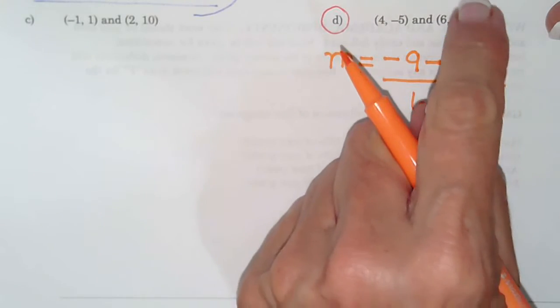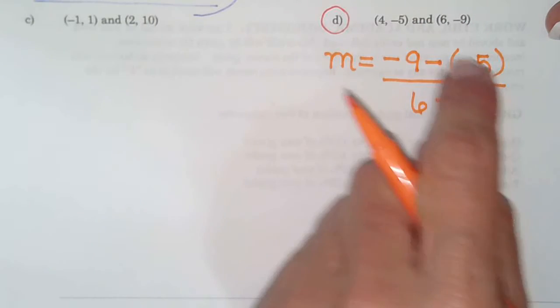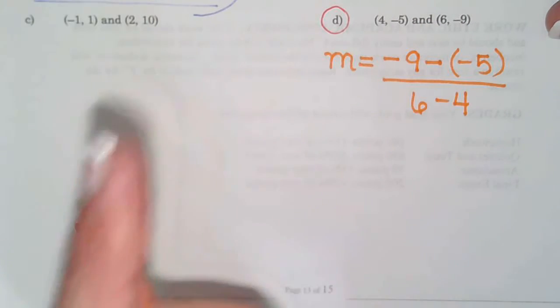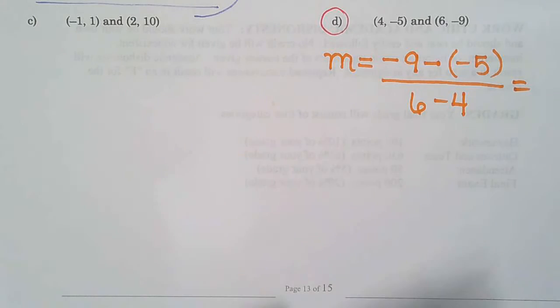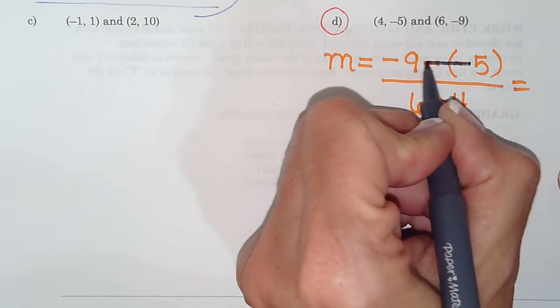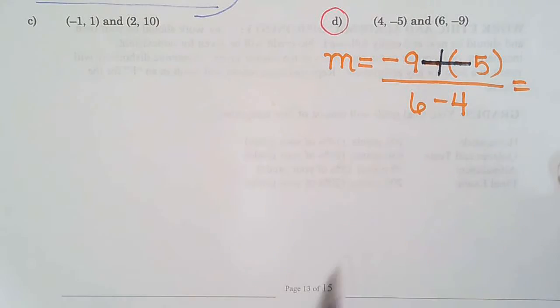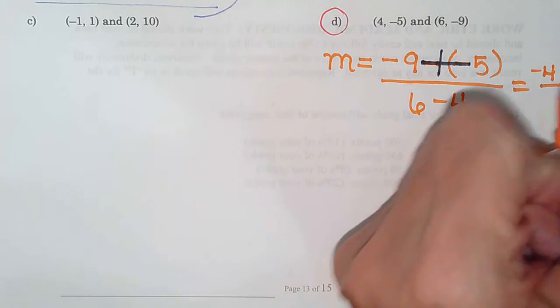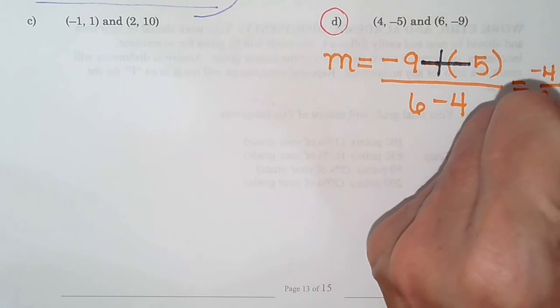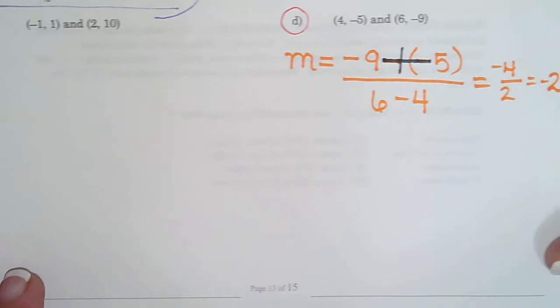So negative 9 minus negative 5, 6 minus 4. And that leaves us with what? Double negative plus. So negative 9 plus 5 would be negative 4 over 2, which simplifies to negative 2.